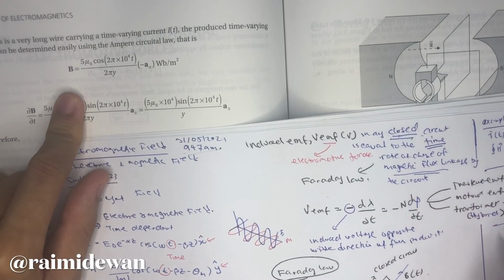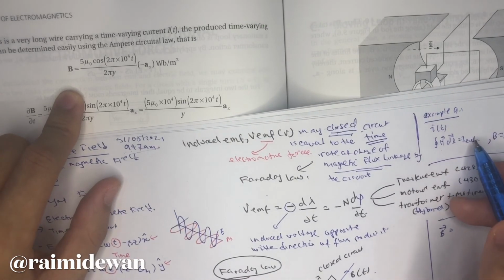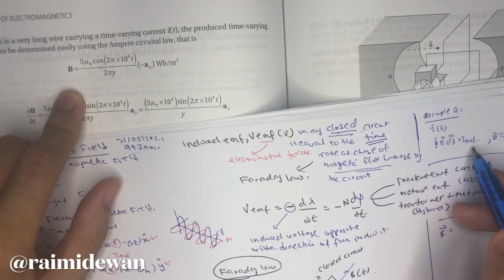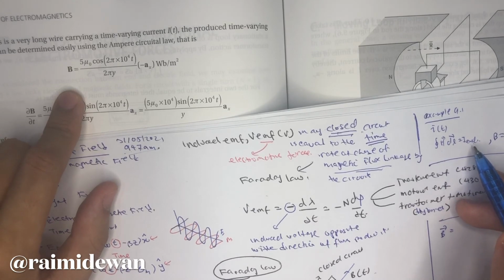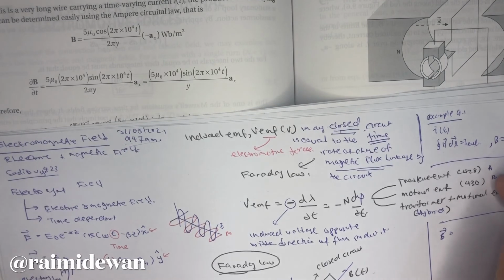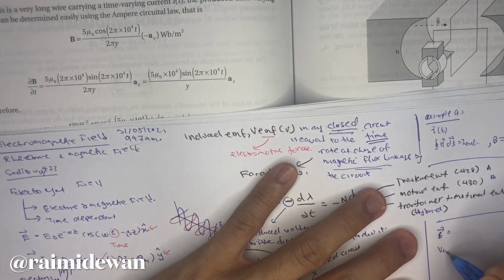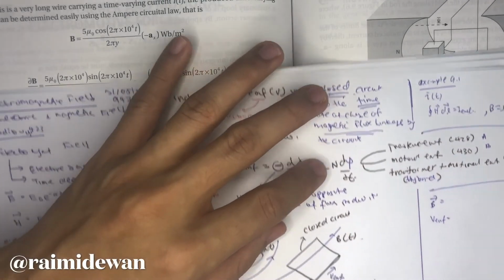If you try from this equation, H dl equals I enclosed, you can solve for B. Because this question wants us to solve for VEMF, and you know VEMF is what?